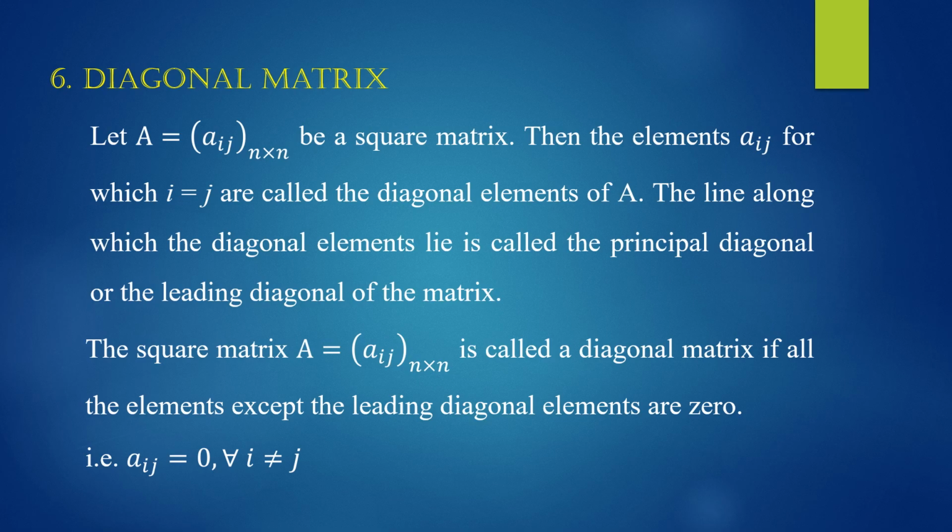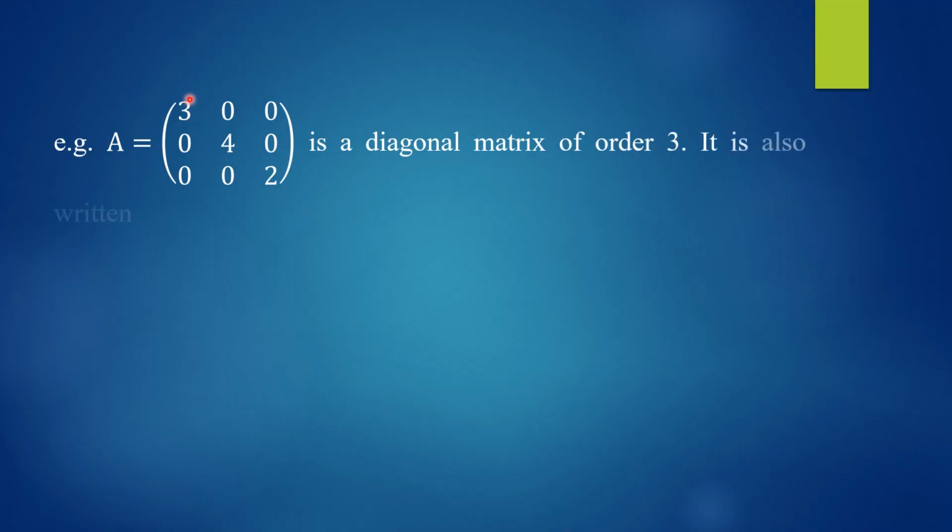So let me take one example. You see the example, A is equal to this matrix. It is a square matrix, because there are 3 rows and 3 columns, so it is a square matrix of order 3, and it is a diagonal matrix because of these elements: first row first column, that is a11, second row second column, a22, third row third column, a33.